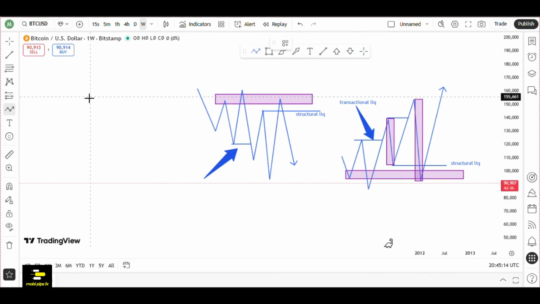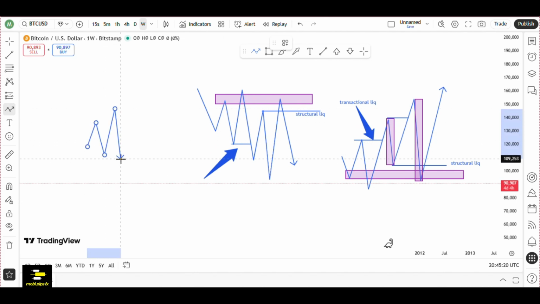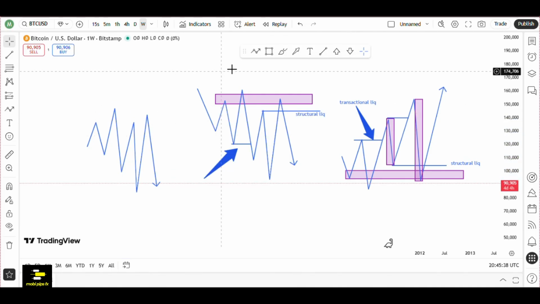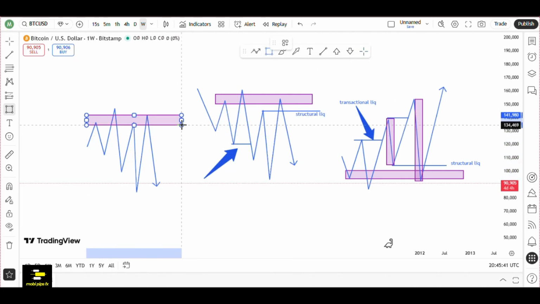What happened? We had this. First, transactional liquidity, then structural liquidity has come after the reversal, right? Or correction. Let's get our transactional liquidity again before we see a structural liquidity taken out before the actual sell. Labeling it.